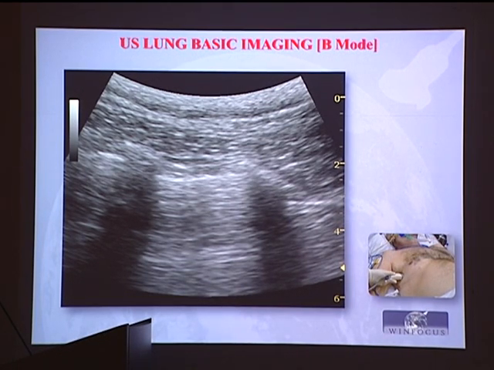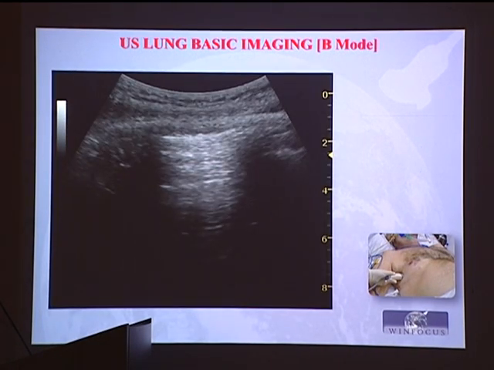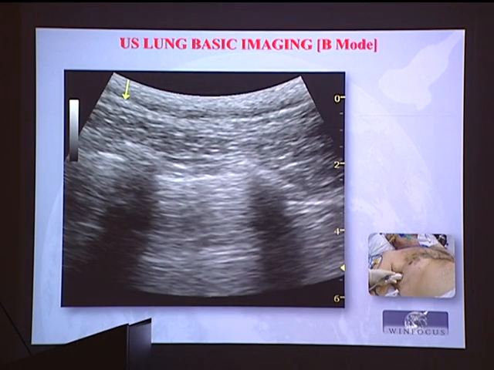So let's try to see here in this image how all the sonographic findings are formed. Here is the ultrasound beam coming through the tissues and being reflected by different interfaces.